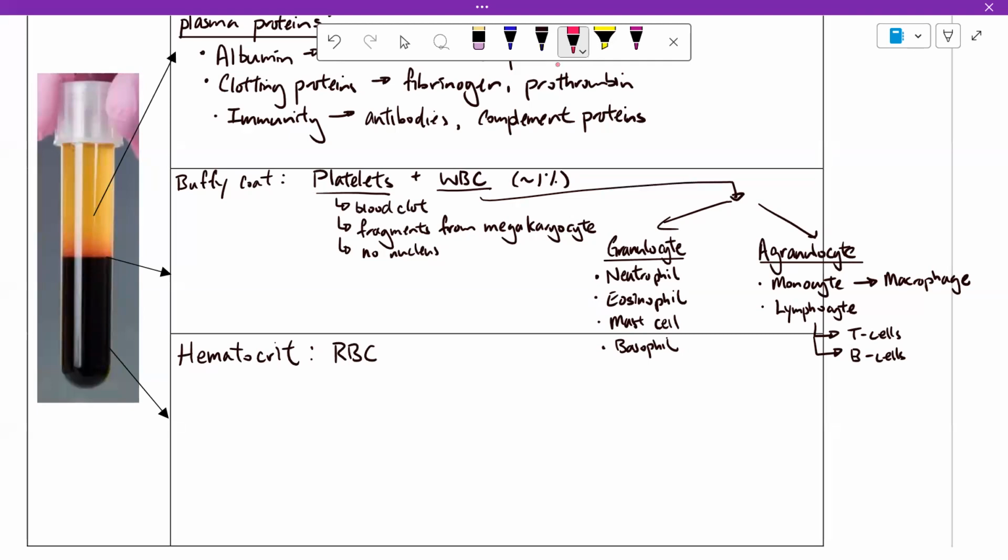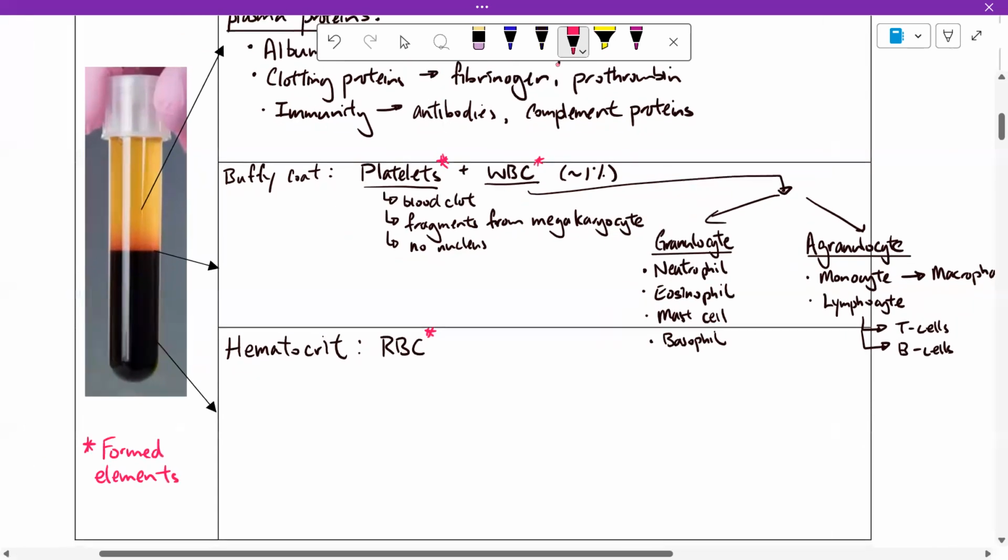I'm going to put a star here. These things are called formed elements, the cellular component of blood, basically.